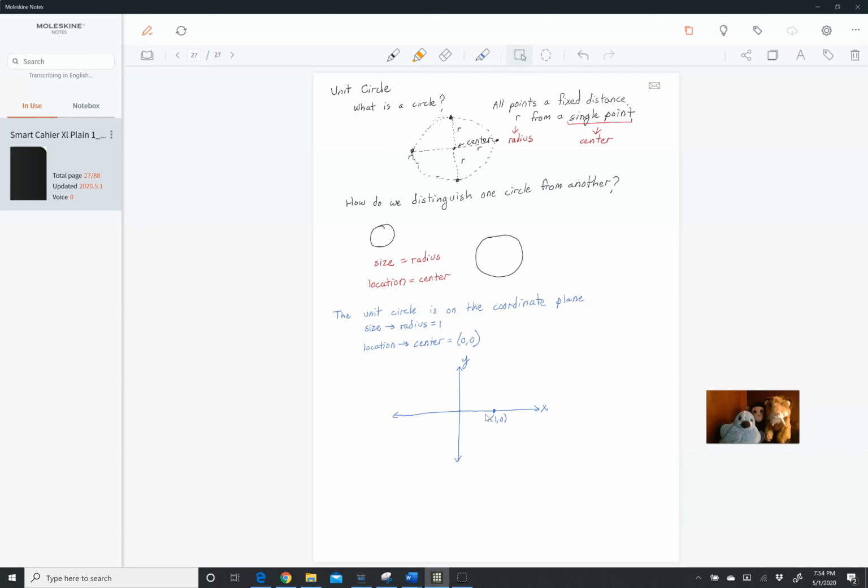If we go up 1 unit, we're at the point 0, 1. If we go to the left 1 unit, we're at the point -1, 0. And if we go down 1 unit, we're at the point 0, -1. And then we're going to roughly connect these.